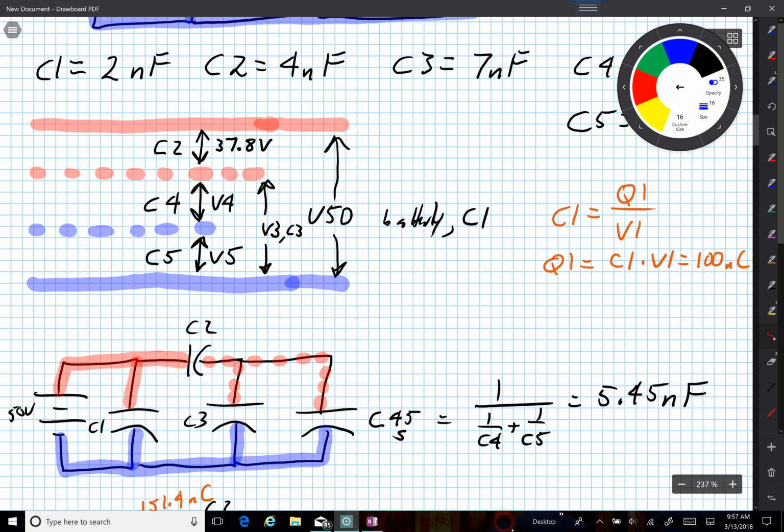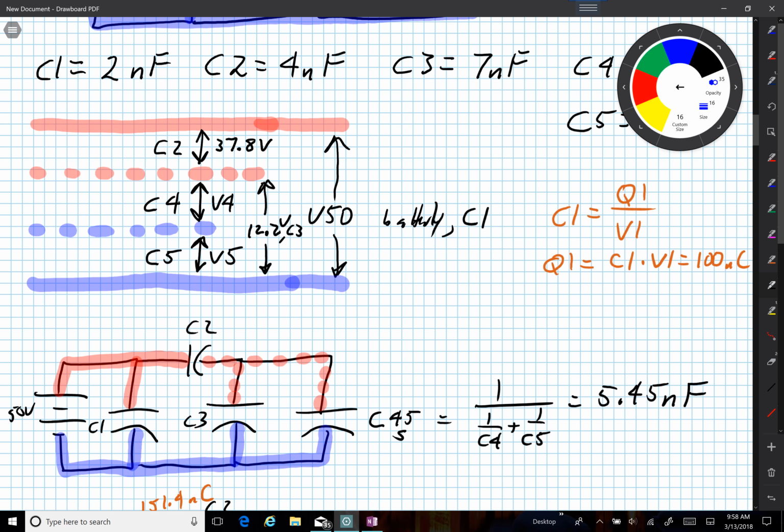If I take two jumps, one jump and then another jump down to blue, I've got to get 50. If the first jump is 37.8 volts, then the second jump has got to be 12.2 volts. So that means that V3 is 12.2 volts. That's the voltage across capacitor C3.